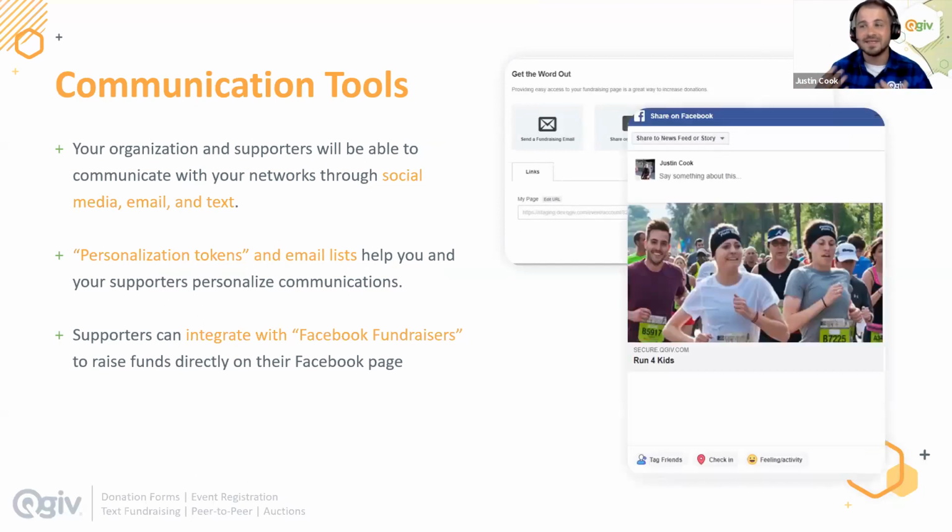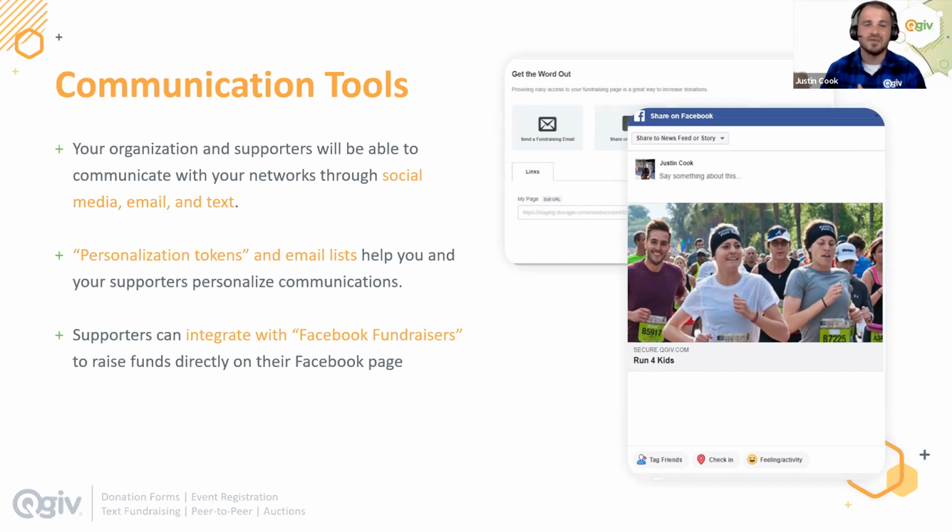We have personalization tokens and email lists as well that make it easy for your participants to personalize their communications. Sorry, my brain's a little jumbled. Personalization tokens are about personalizing an email. When someone puts this personalization token in there, they can call them out by first name. So if they want to say, hi, Caitlin, and then go right into their email appeal.